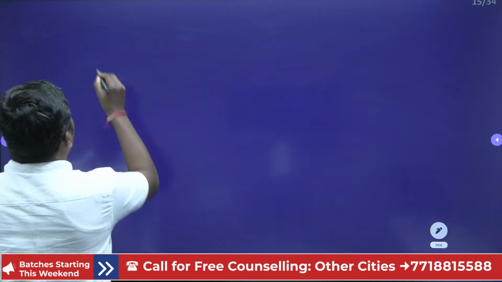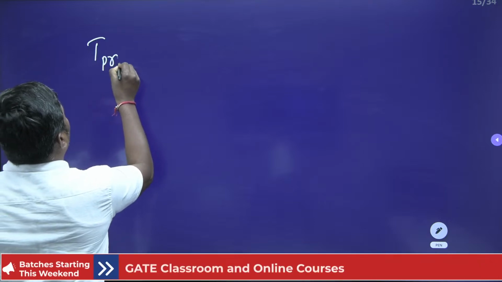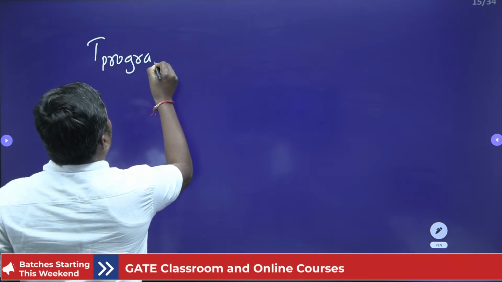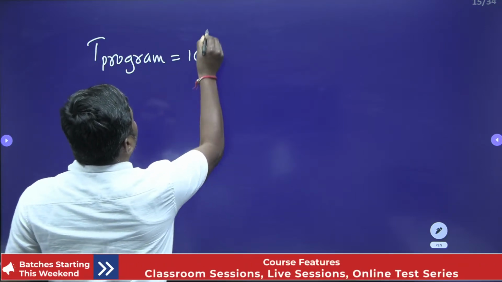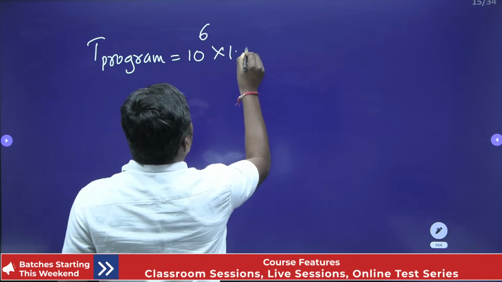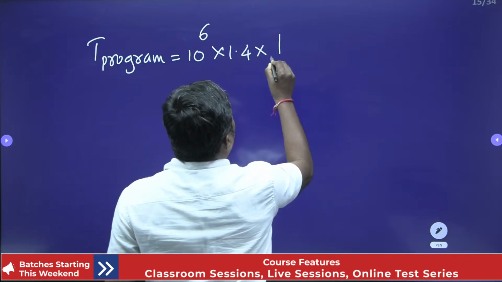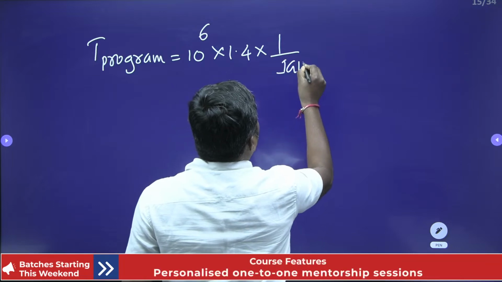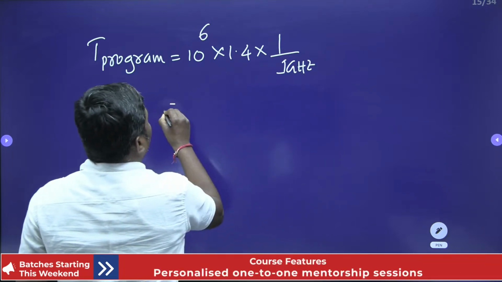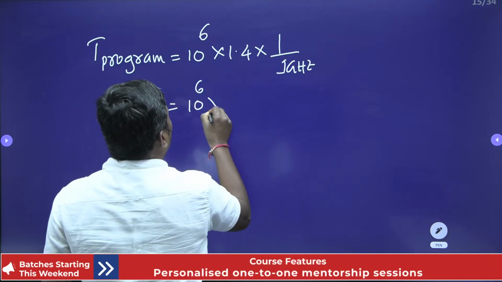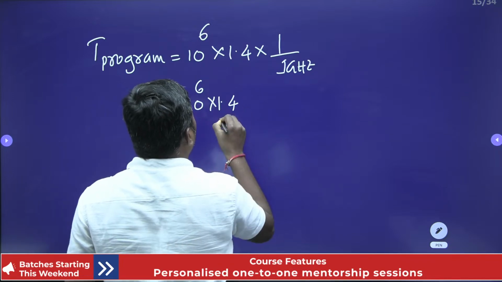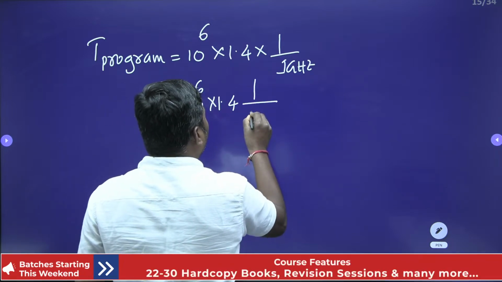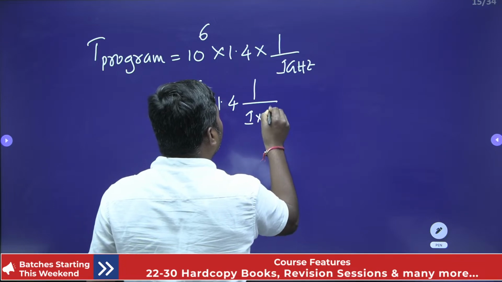So what I am trying to say: time for program equals 10 power of 6 instructions, into 1.4, into 1 by 1 gigahertz, right? So I can write this as 10 power of 6 into 1.4 divided by 1 giga, which means 10 power of 9 hertz.